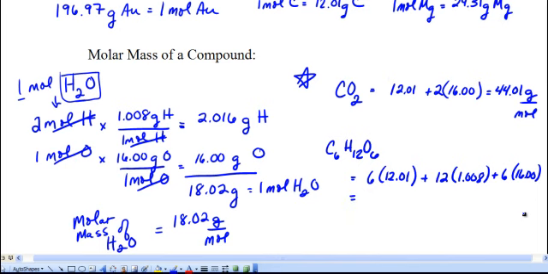And when I take, with handy dandy calculator, you need it every day, 6 times 12.01 plus 12 times 1.008 plus 6 times 16, I'm getting 180.16 grams per mole as the molar mass of glucose.